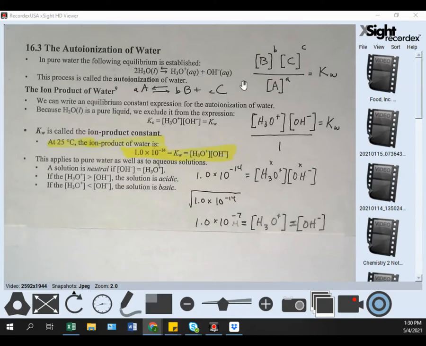The capital A, B, and C are the compounds or the ions, the substances. And then from this, you can get your ion product constant by plugging the stuff in this way.